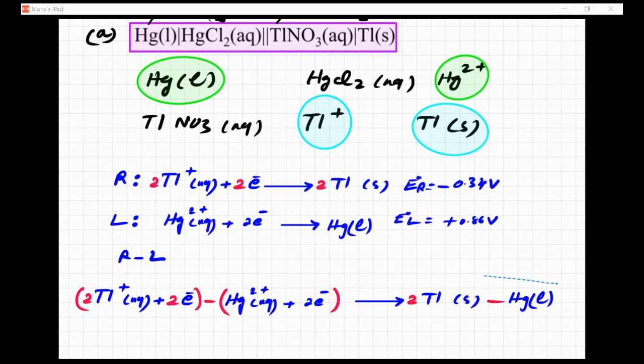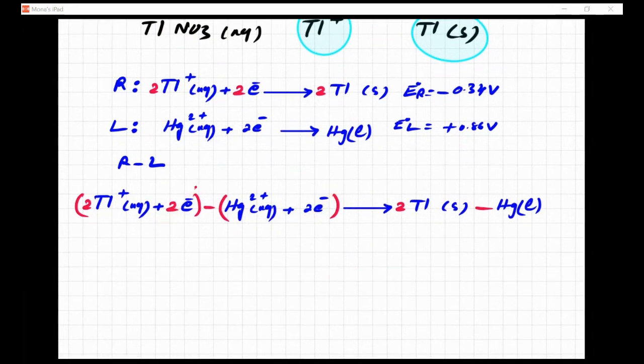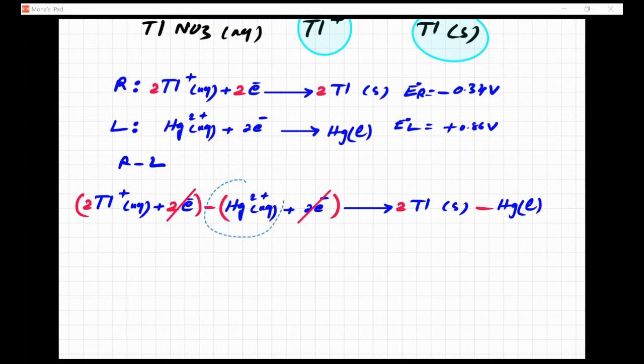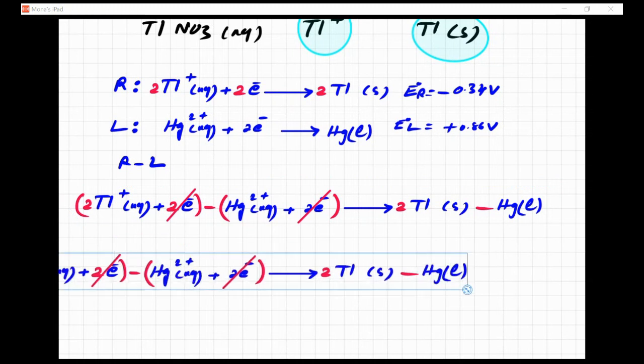Now you can see that I'll be able to cancel the electrons. If I hadn't multiplied by a factor of 2, the electrons would not cancel. So this cancels, and this also cancels. Now you'll be able to move the negative terms to the opposite sides. We are going to rearrange our equation so as to have only positive signs on both sides.